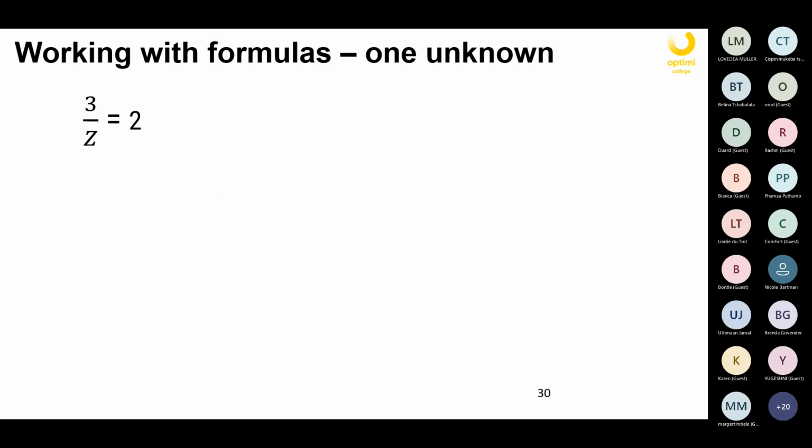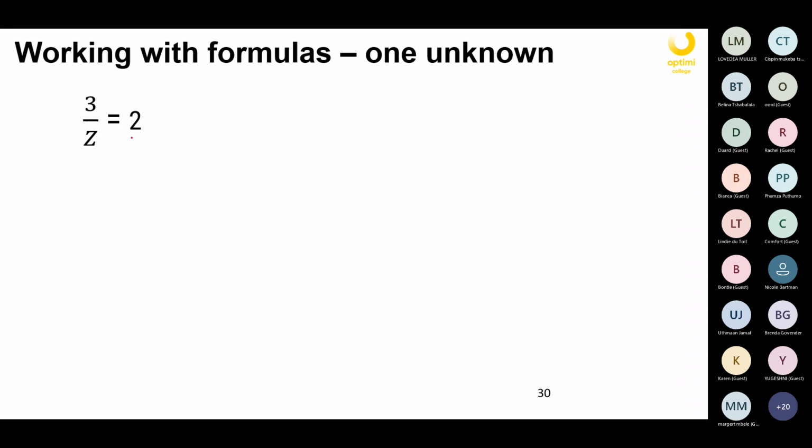Next one. 3 divided by z equals 2. Can anyone tell me what z is? Follow the principles. Don't try and see if this is tricky and this is difficult. Just follow the principles. Try to get z alone on the one side. Remember, with equations, we don't like to work with fractions. So what am I going to do here?